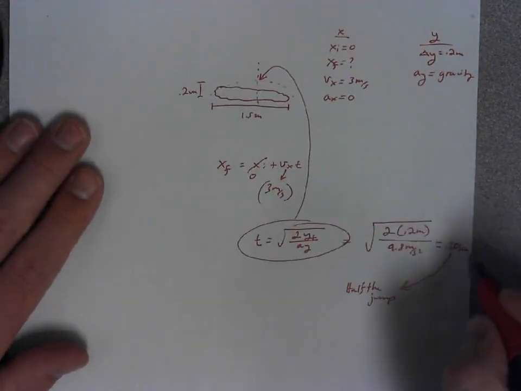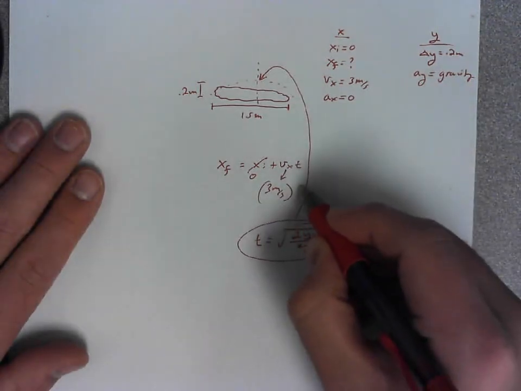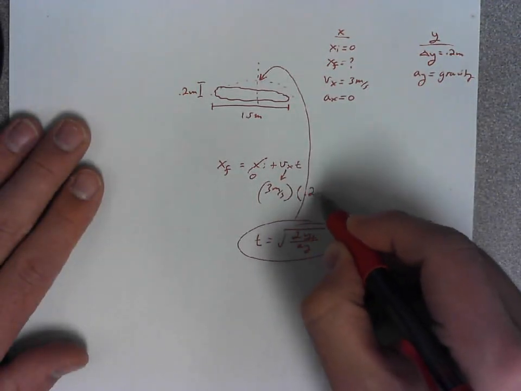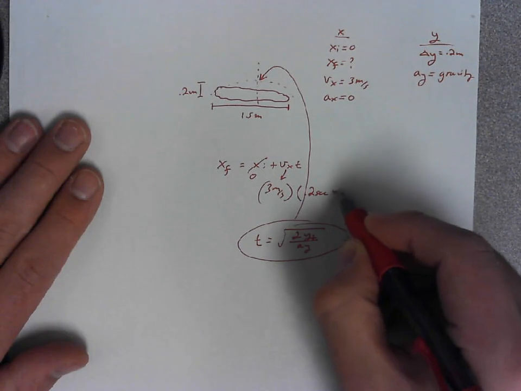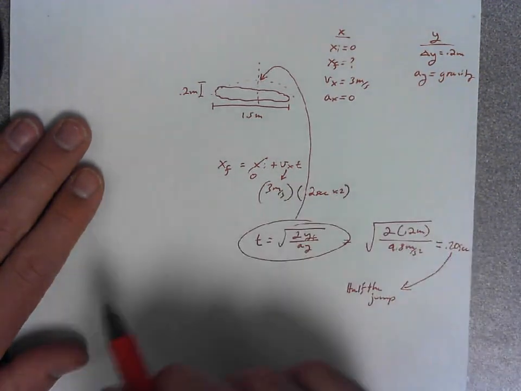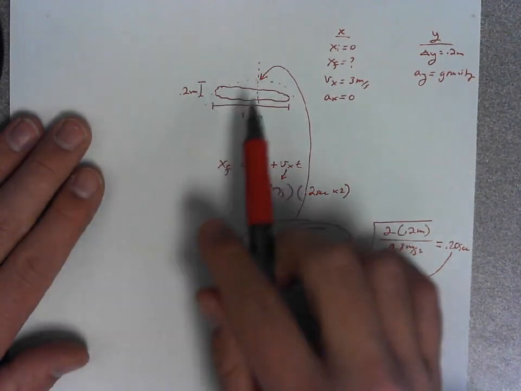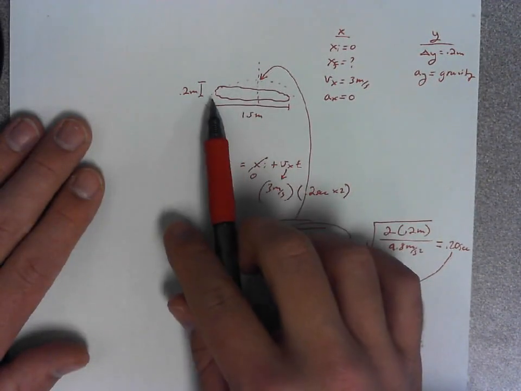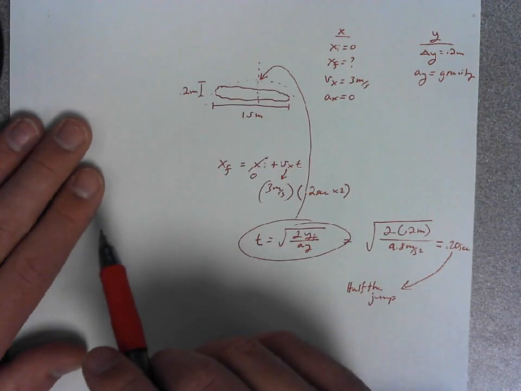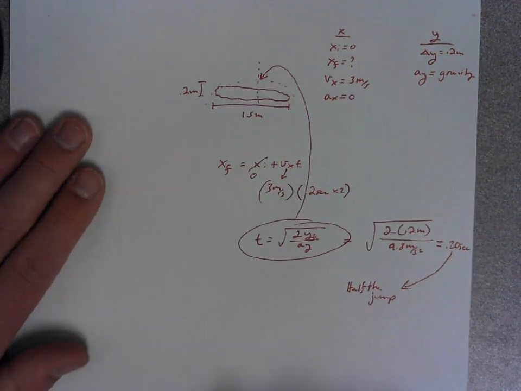So when we plug this in up here, we need to plug it in as 0.2 seconds times 2, because that's going to give us the entirety of the jump. If it takes him 0.2 seconds to fall, it also took him 0.2 seconds to get to that height. That's only a valid thought process if we assume that he is jumping and landing from the same elevation.